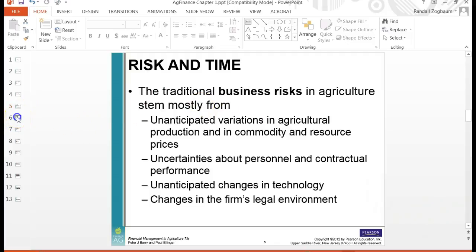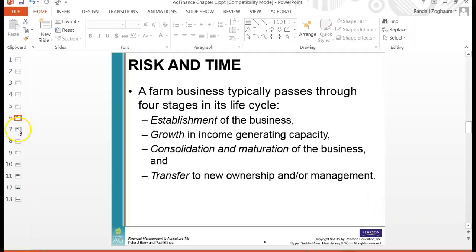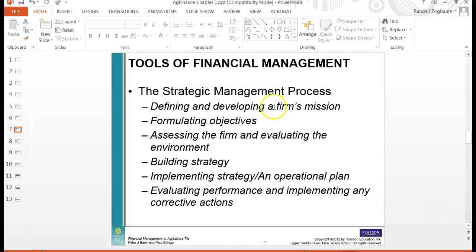Some of the other things in this chapter is this business planning part. The other part of this chapter that I think, for the ones that have been with us in the ag business class, we started last year with defining and developing a mission statement, formulating our goals and objectives.